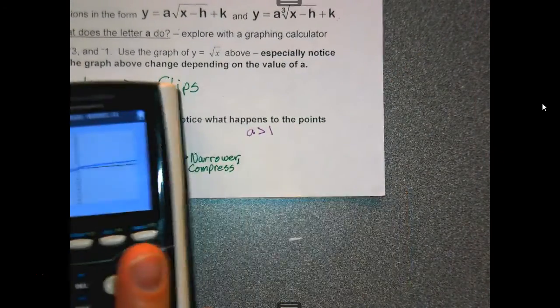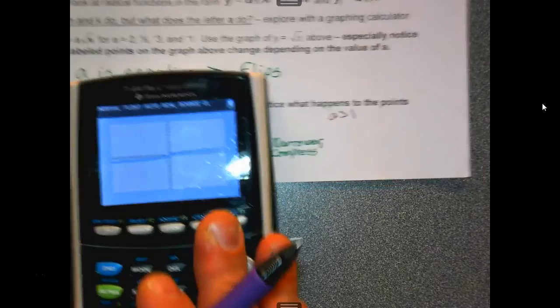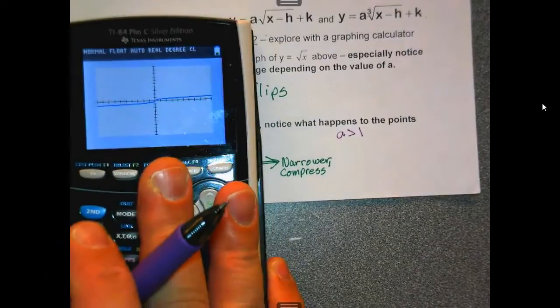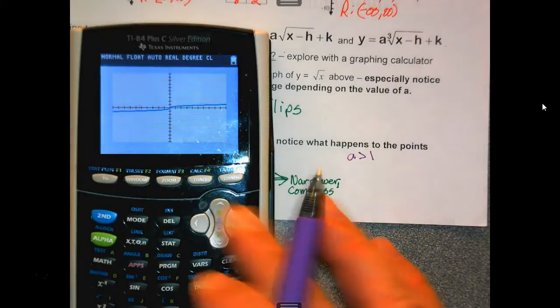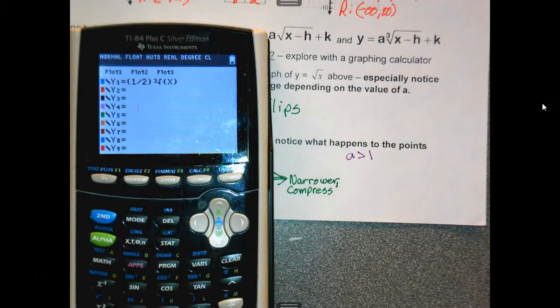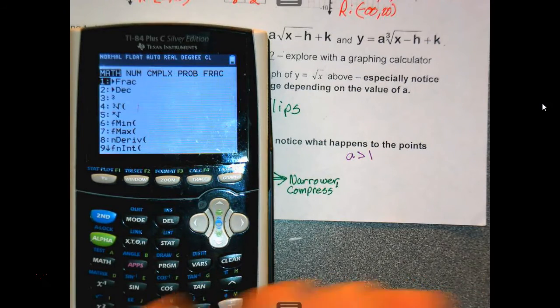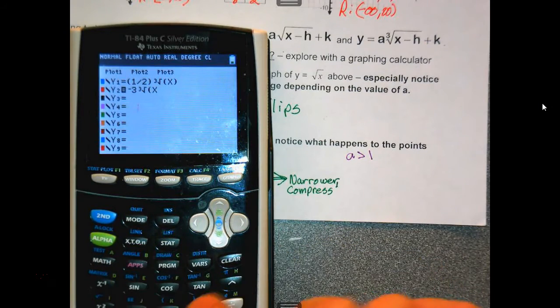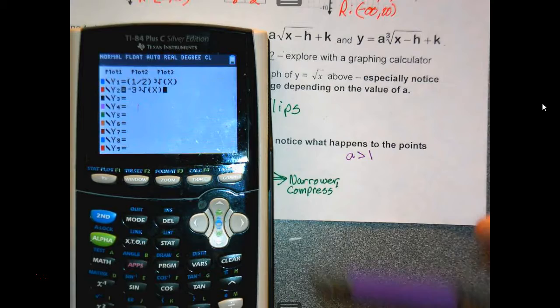Let's go ahead and look at that. In fact, not only do we want to see if it stretches, let's make it flip too at the same time. Okay, so let's put a -3 cube root of x in there. And let's see what all this does.